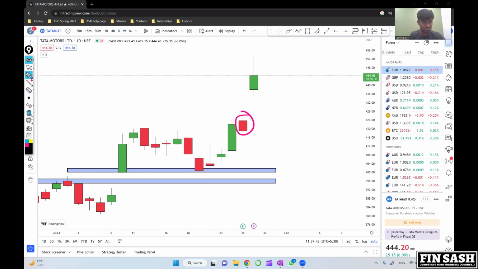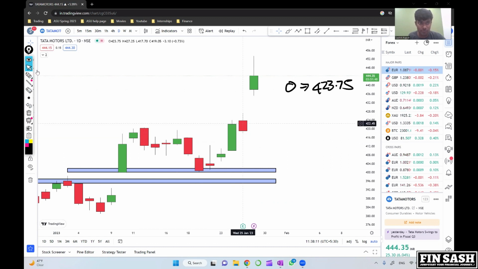All right, so really quick. Let's take this day, right? If I scroll over this candle, it says it opened at 423.75. I'm doing this with you guys, so let's try it out. 423.75.